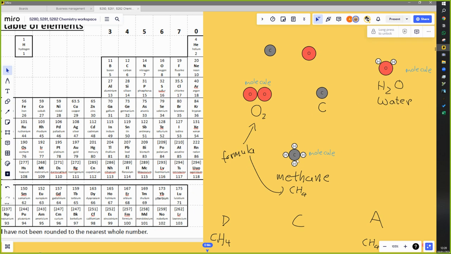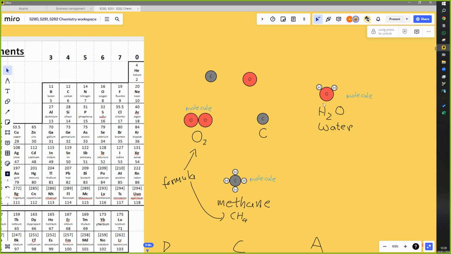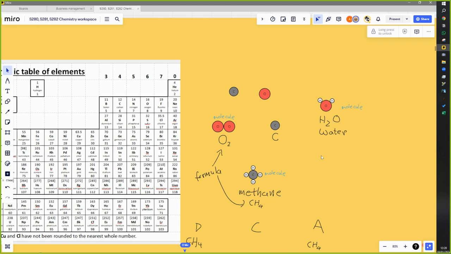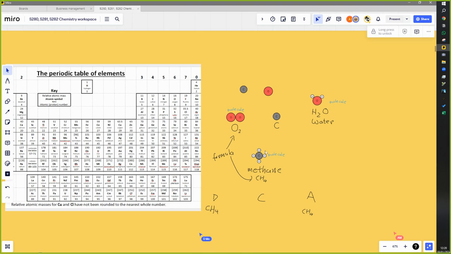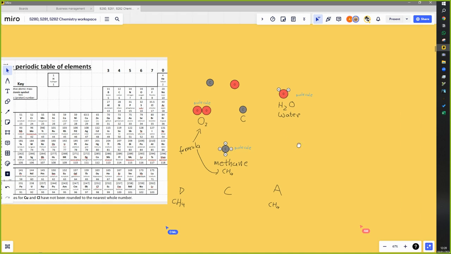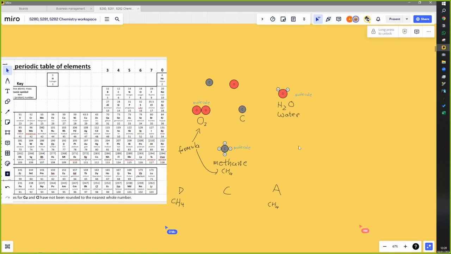We can't call this carbon or hydrogen because it's made out of carbon and hydrogen, so we give it another name, methane. We can't call this oxygen or hydrogen because it's made out of both of them, so we call it water. So these 2 examples here are made out of more than 1 type of atom, and they're bonded together, so we call them compounds.